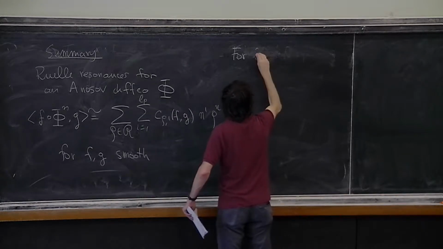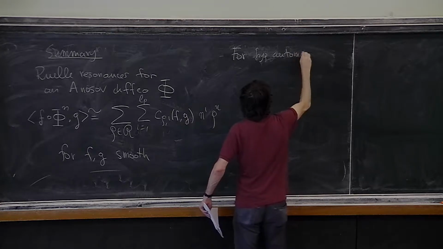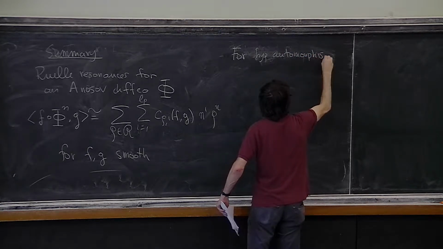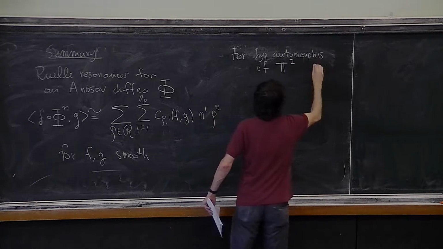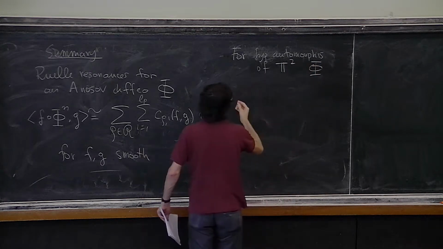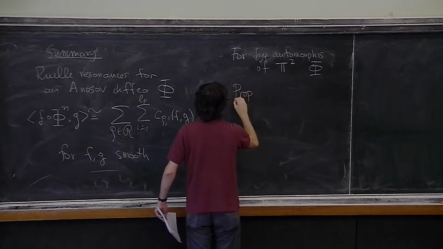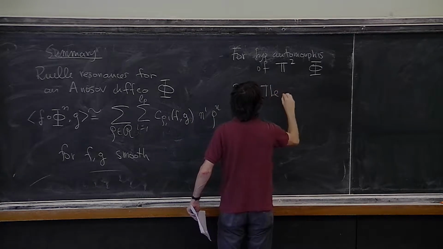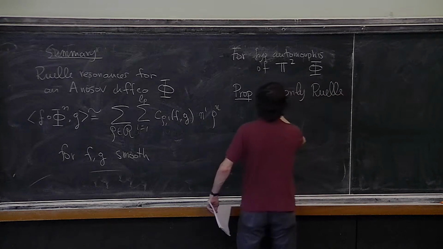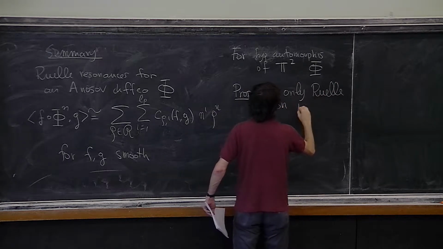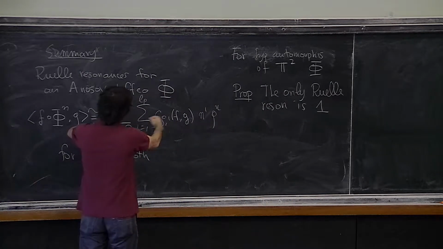For hyperbolic automorphisms of the torus of dimension 2, phi, we proved the proposition that the only Ruelle resonance is the value 1, which is always there as the leading term.